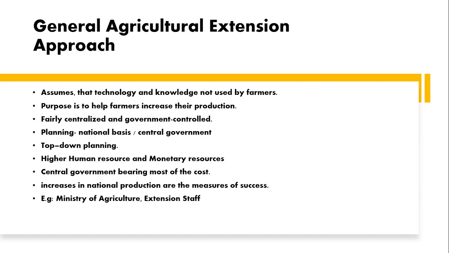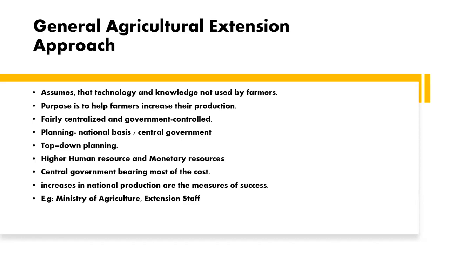Actually it is fairly centralized, under government control. Centralized means one central body, or the Department of Agriculture, is the one that decides where we should strengthen our extension activity, where we should focus, what amount of yield we need, and what areas we should cover.